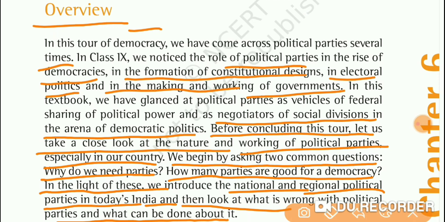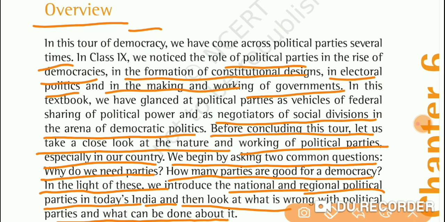How they can give better and effective administration by changing some of their nature and some of the concepts of political parties, and what exactly should be done to political parties to make them work properly, how they will be able to give good administration for the country, and how they can form a good government for the country. That can be discussed in this lesson, that is political parties.